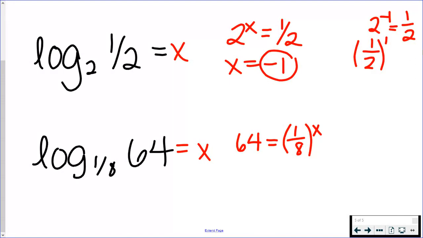If I'm going from fraction to whole number, I know that my exponent has to be negative. So if I'm going from a denominator of 8, I'm just going to focus on the denominator. If I'm going from 8 to 64, that means I would be squaring 8.